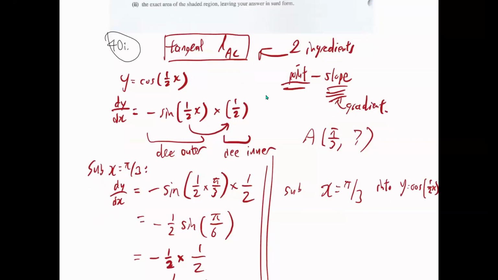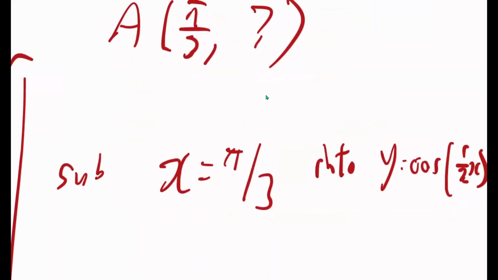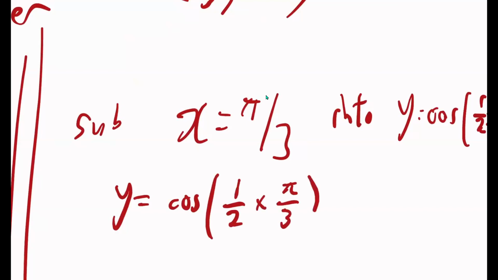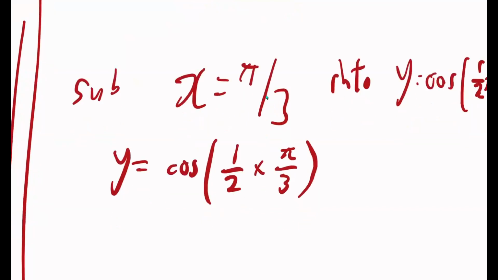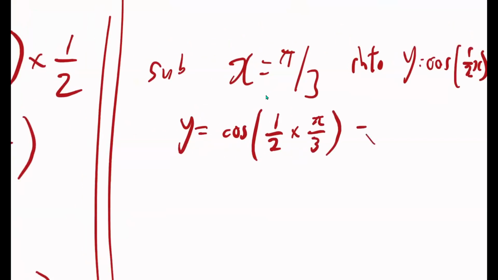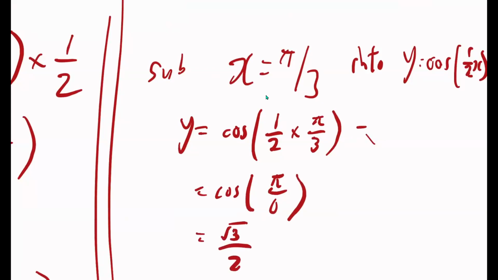Okay, so we sub in and we end up with y equals cosine of half times x, which is cosine of pi over 6, 30 degrees. Cosine 30 is sine 60, which is root 3 over 2. Just have to recall.